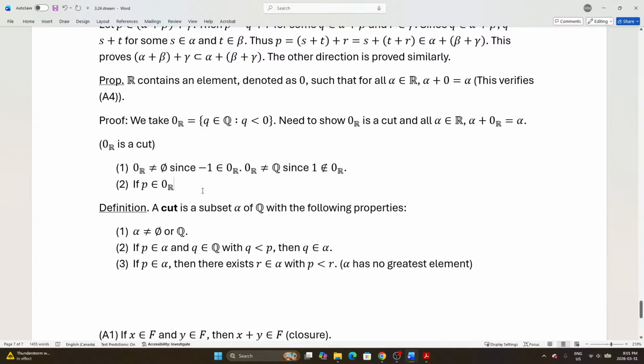If P is in 0R, then it must mean that P is less than 0, by definition. So if Q is less than P, then Q is less than 0, and thus Q is in 0R as well. So that's the second property verified.